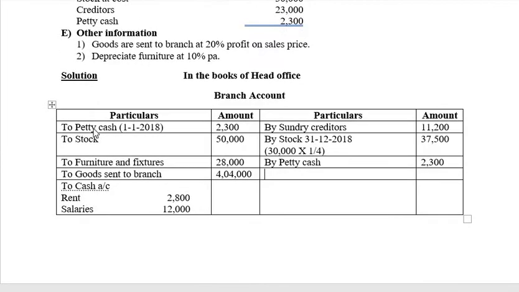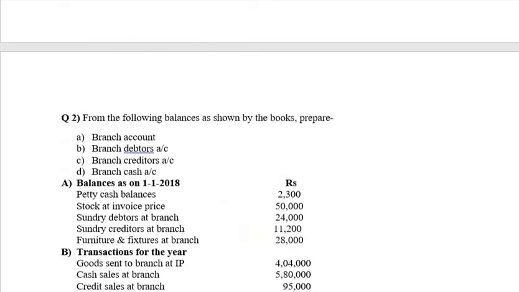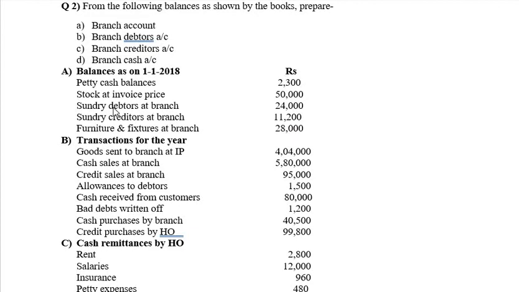So here, to petty cash as on 1/1/2018, 2300. Clear? Next, the second is stock at invoice price. Now this is important. This is at invoice price, not at cash price. So there will be loading for this stock.